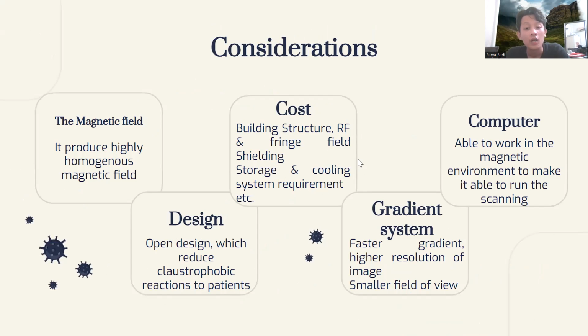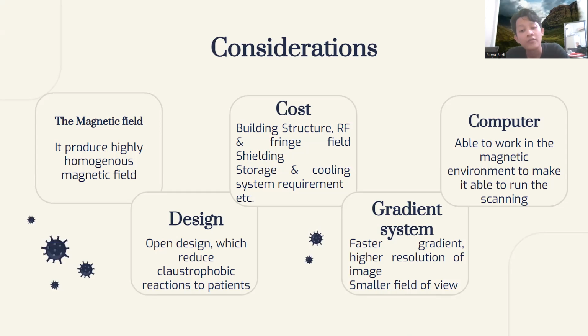And then for the design itself, there is an open design, which may help claustrophobic patients with the technology of today. And for the cost itself, we have to consider the building structure, the RF and fringe field shielding, and also the storage and cooling system equipment, and there are others.